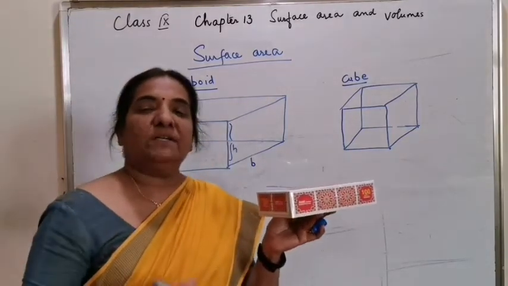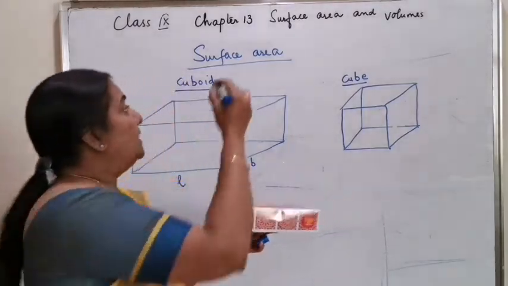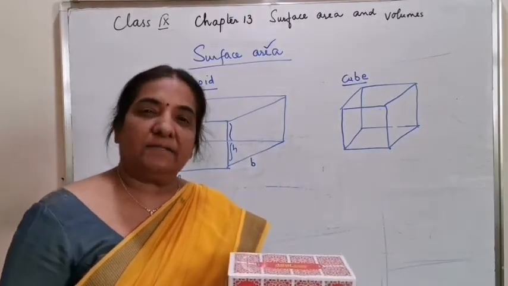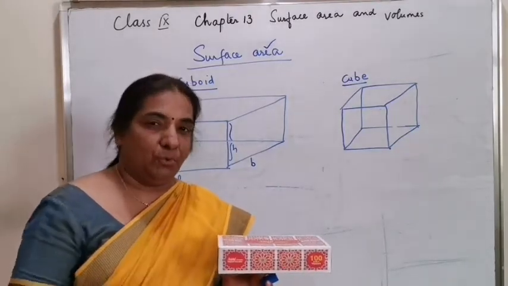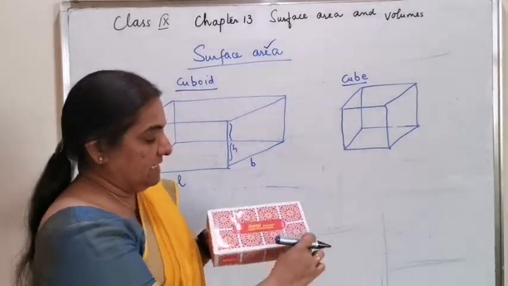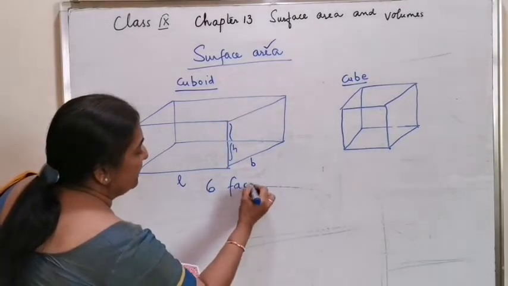And now, what is the meaning of surface area? The word area itself is very clear that it is related with the plane figures you know. The faces are made up of rectangles. There are 6 faces.